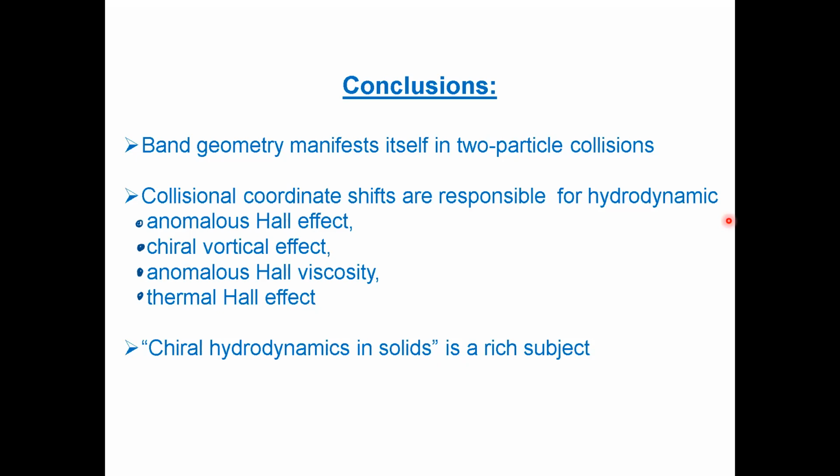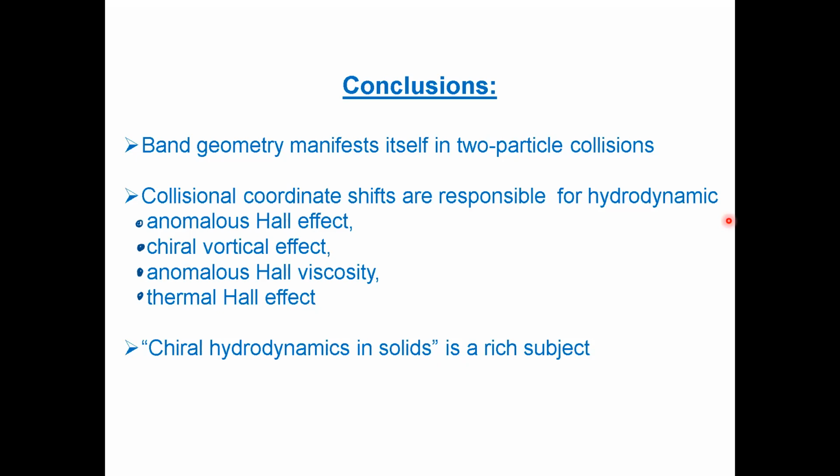So I was not really referring to a particular system. My point was that the usual viscosity comes from momentum transfer between the fluid layers, and that comes from collisions essentially.